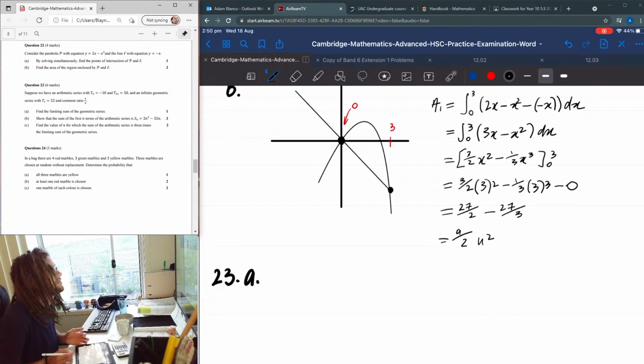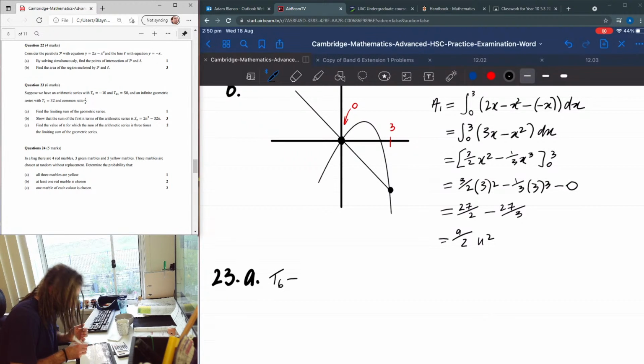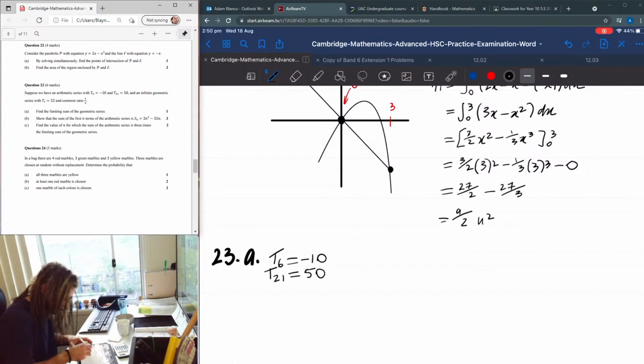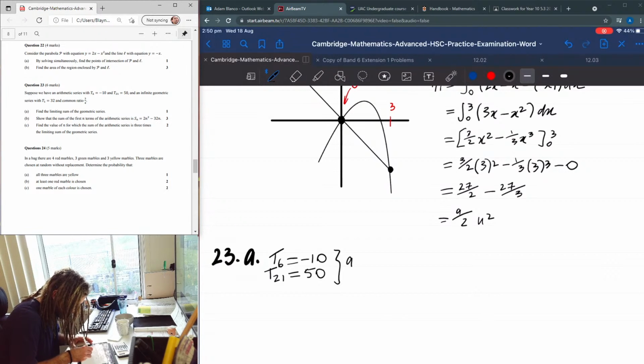Okay, series and sequences. What am I told? T6 is minus 10. T21 is 50. And, oh wait, right. So that's an arithmetic series.